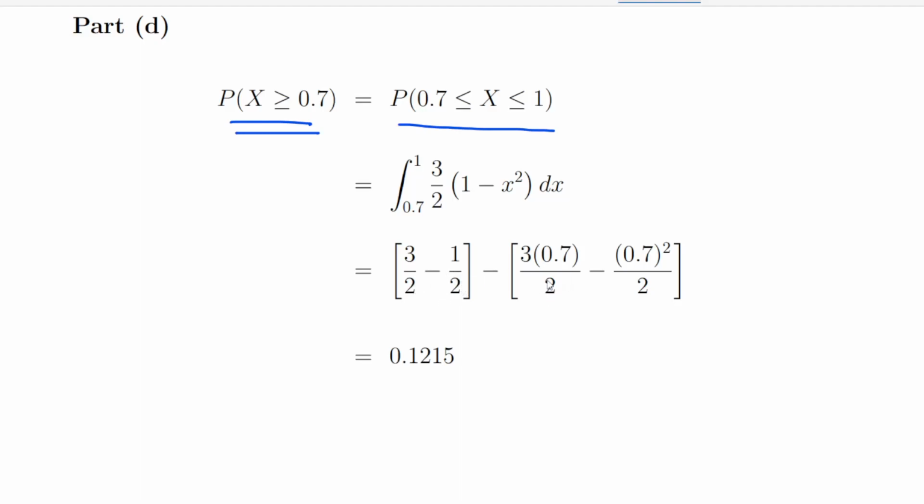For 0.7 we have 3 times 0.7 over 2 minus 0.7 cubed divided by 2. Working that out gives us an answer of 0.1215. So that is part D. We'll leave it there.